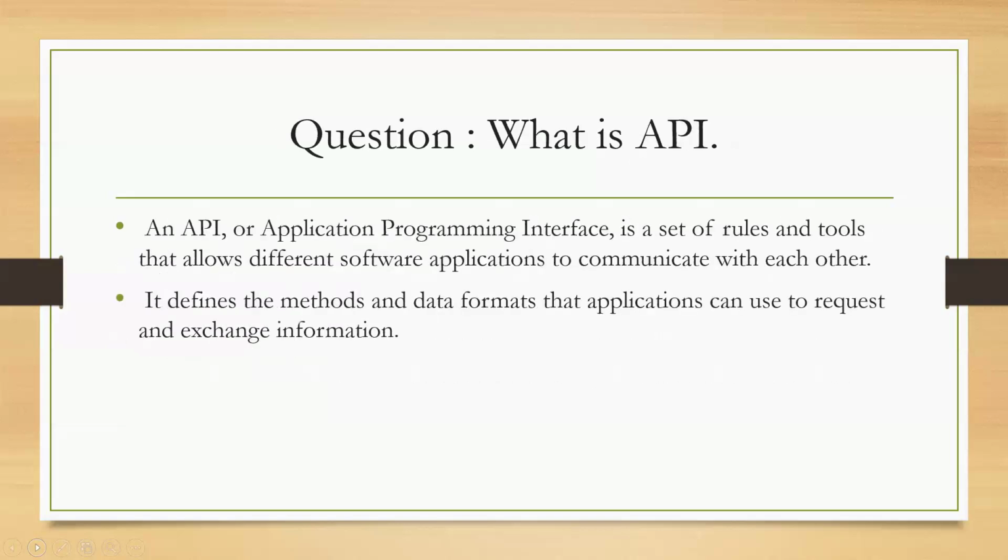Okay. What is API? API is nothing but an application programming interface, and it is a set of rules and tools that allow different software applications to communicate with each other. It defines the methods and data formats that applications can use to request and exchange information. Suppose one application wants to communicate with another application, at that time we use API integration.